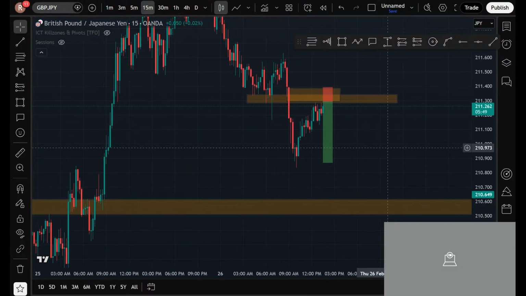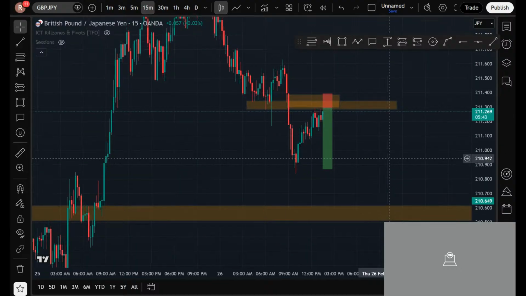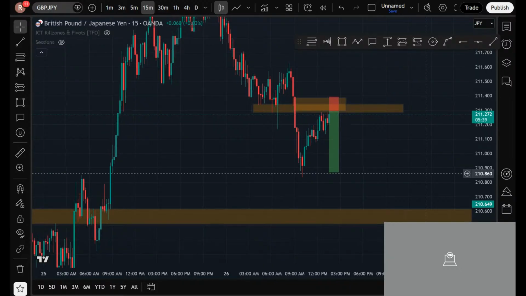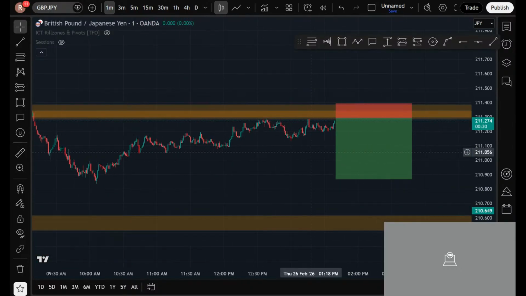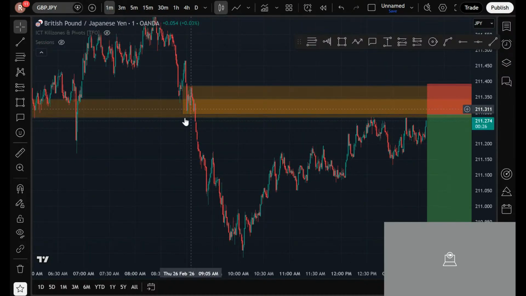So look, what I'm thinking on looking for entries on smaller time frame is, I am having a doubt in my mind on one thing, but let's wait. This is an order flow.